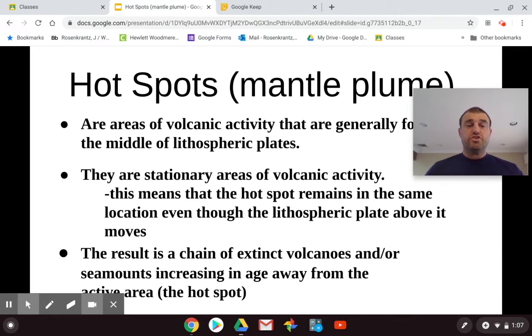The result is a chain of extinct volcanoes and or seamounts, a mountain in the sea, increasing in age away from the active area. So basically that's saying the youngest volcano is over the hotspot, and if you draw that arrow from the hotspot through the chain, they get older. That's what I mean by increasing in age. They'll get older the further away from the hotspot.